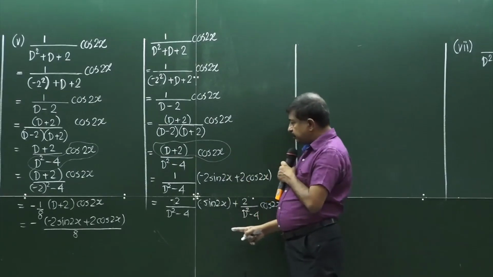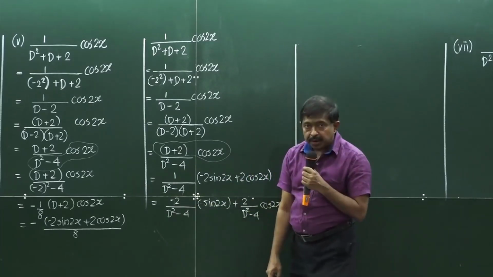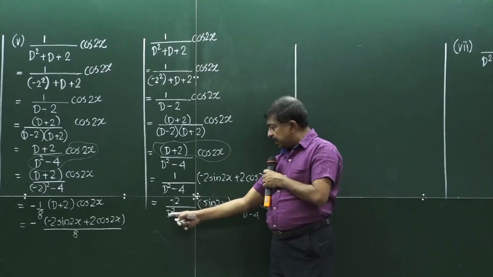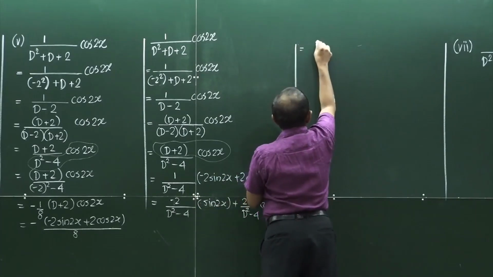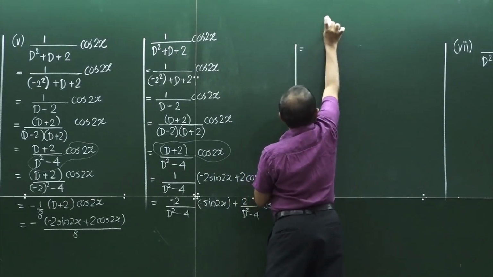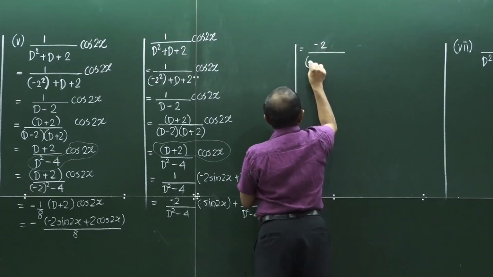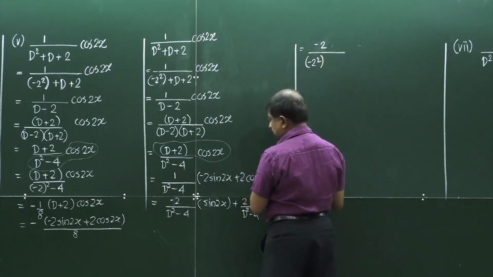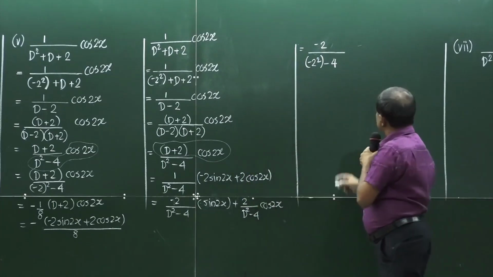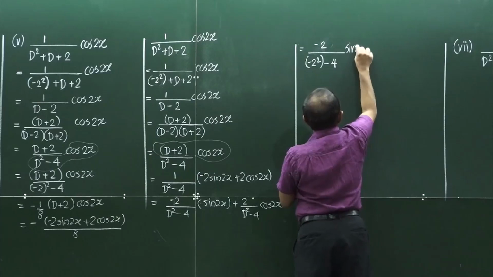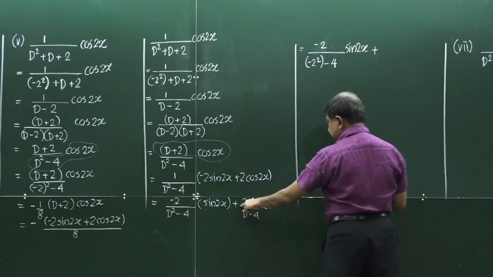Now, how would you deal with this one? It's solely a function of d squared. So you can substitute minus 2 squared for d. Oh, sorry. Upstairs you have 2 minus 2. Sine 2x plus, now you have 2 here.